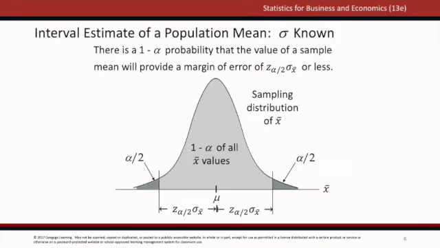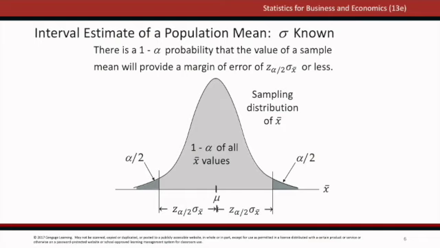As an example, you can think about picking this value alpha equal to 10%. Then 1 minus alpha will be 90%. And then we are asking ourselves, what are the values here on the x-axis such that the area in between these two values is 90%?